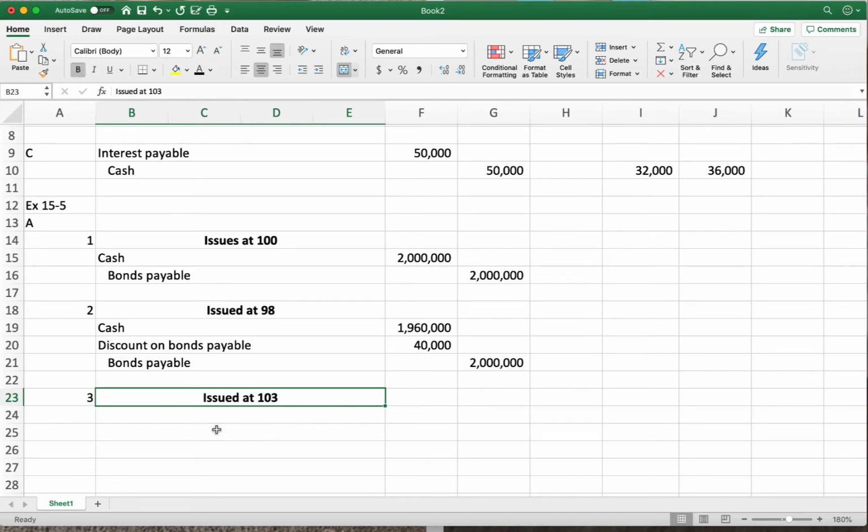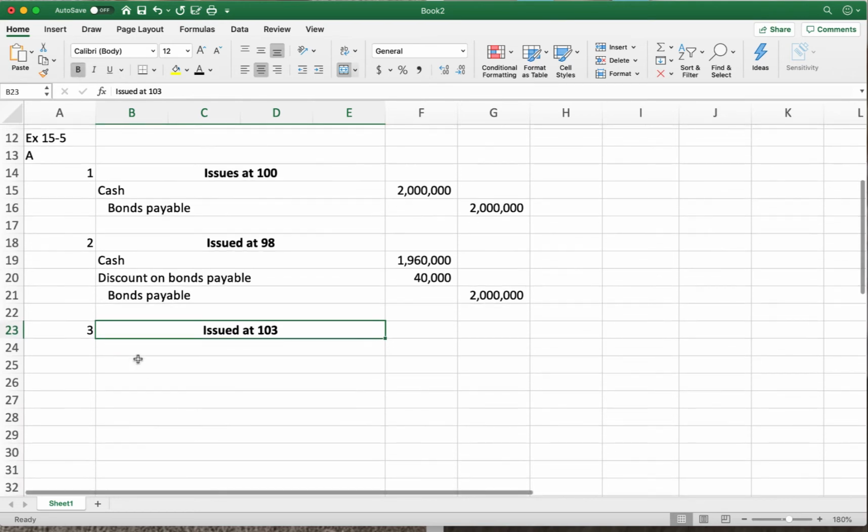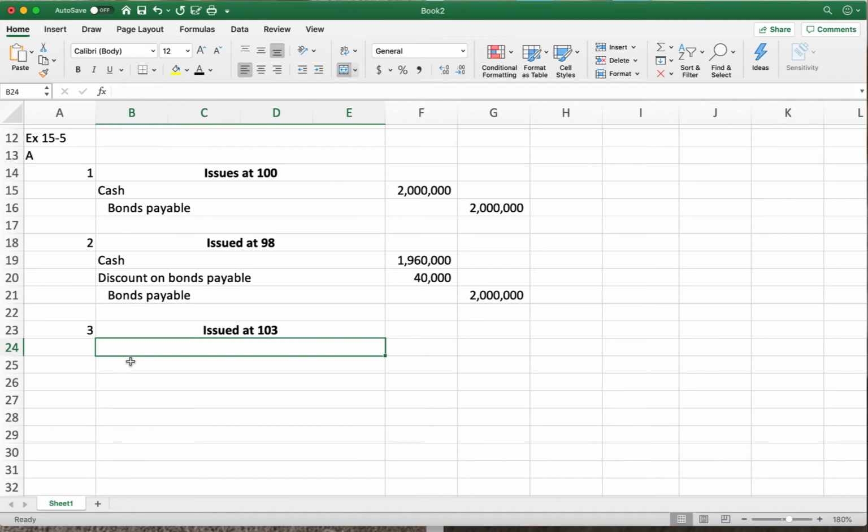Okay, so that means we issued it at a premium. Okay, again, first thing you got to know is the journal entry. This needs to be a no-brainer. Rote memorization. I'm debiting cash. I'm going to credit bond premiums.